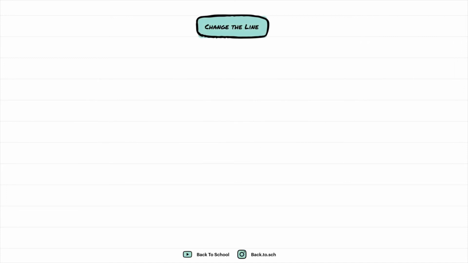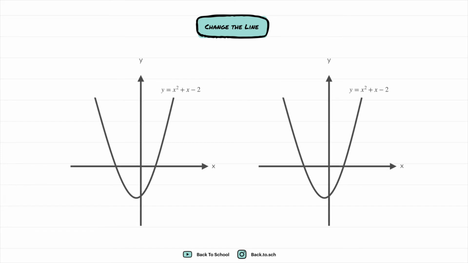Now let's use back our curve y equals to x squared plus x minus 2. If you found this quadratic equation familiar, then good. You've been paying attention, because this is the same quadratic equation and curve that we drew in part 1 of the discriminant.